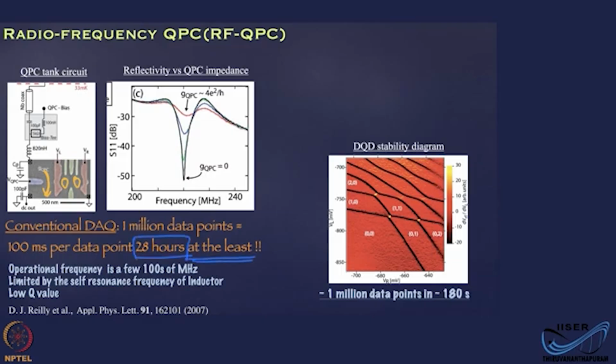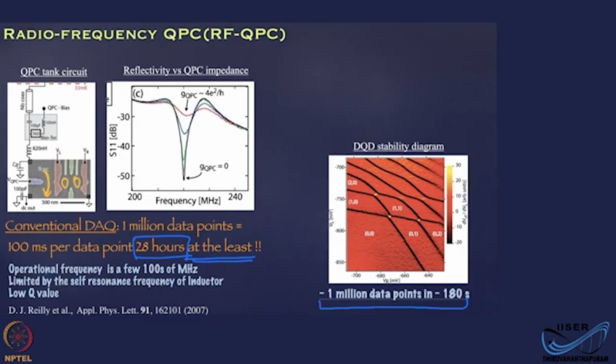But the same amount of data, the same information, you are able to capture in a fraction of that time, many orders smaller, in 180 seconds, like 3 minutes, versus 28 hours.